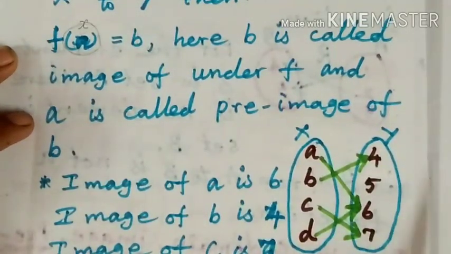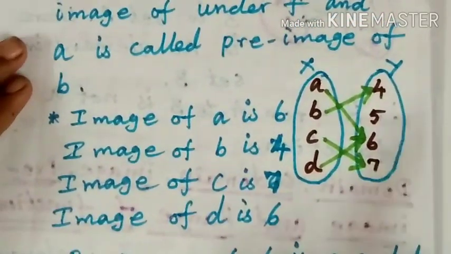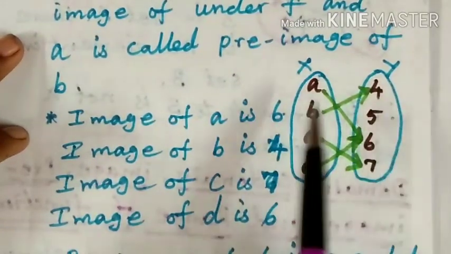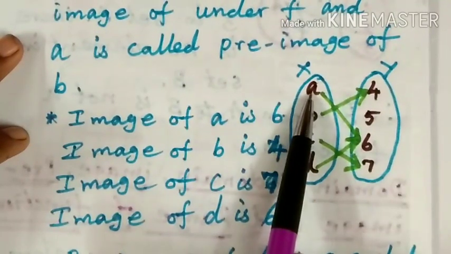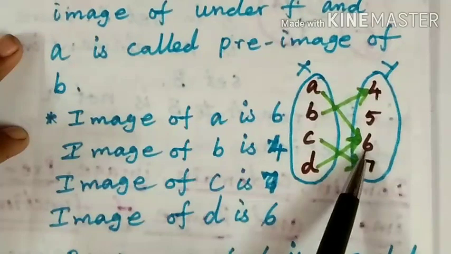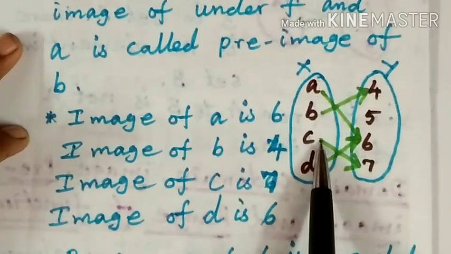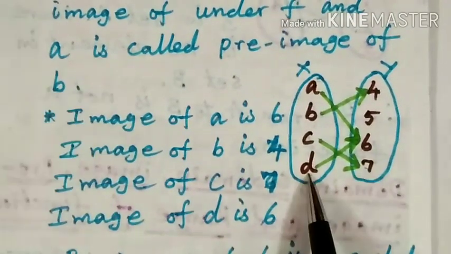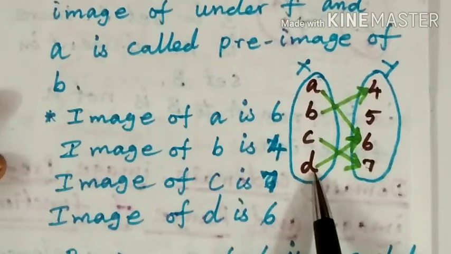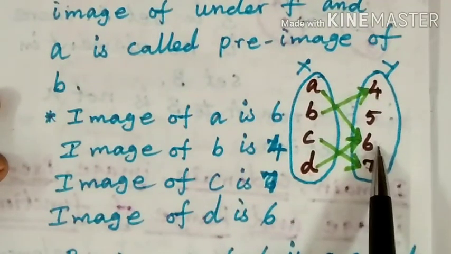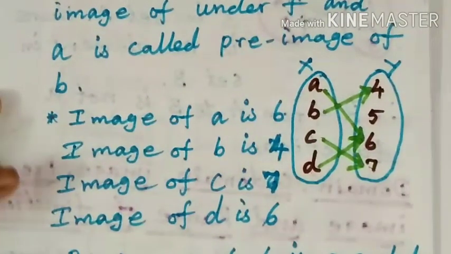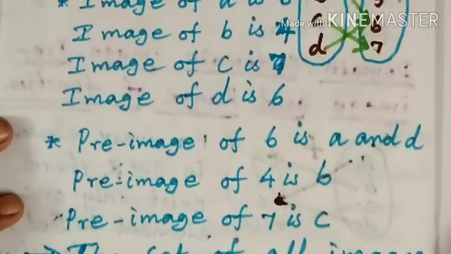For example, the image of a is 6, image of b is 4, image of c is 7 and image of d is 6. Okay, next we see the pre-image.